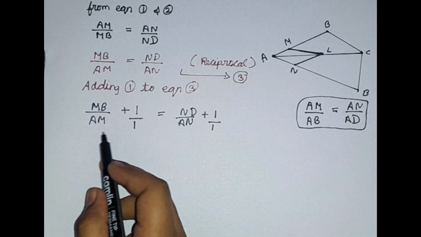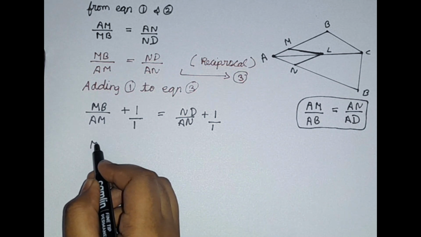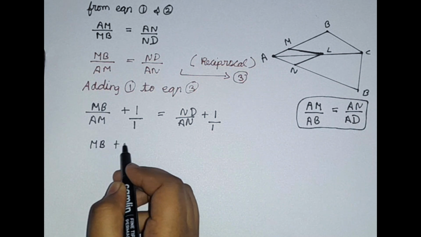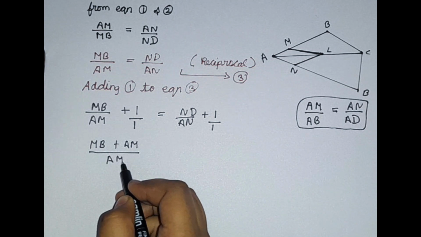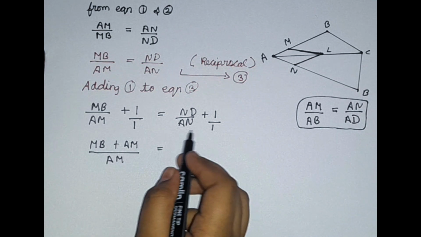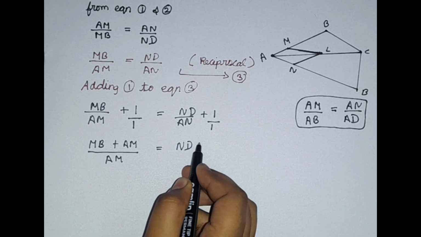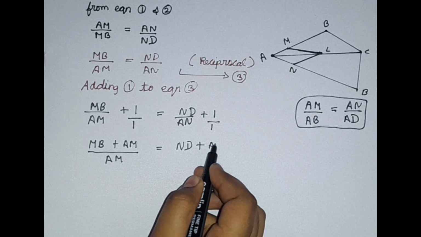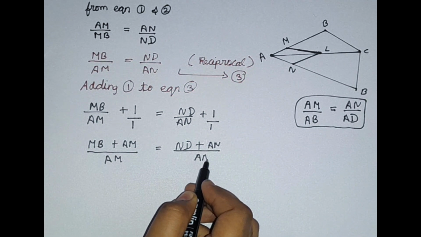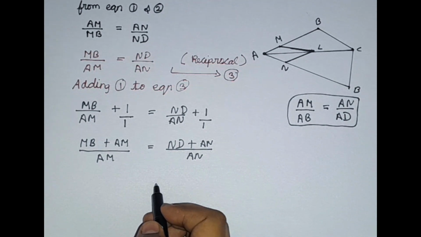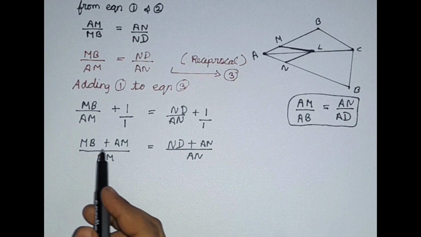Now we can take LCM. When we take LCM, we get MB plus AM by AM. Here also, we get ND plus AN by AN. So we got something like this. Now we have MB plus AM.